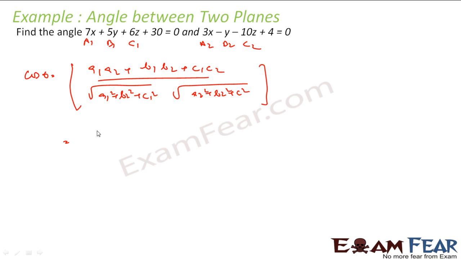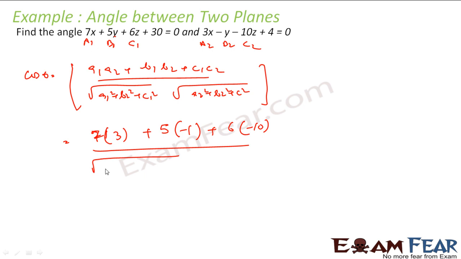So A1 A2 is what? A1 A2 is 7 into 3, 21. And B1 B2 is what? Let me write here: 7 into 3 plus B1 is 5, B2 is minus 1, C1 is 6, C2 is minus 10, by root over A1 square, that is 7 square, B1 square 5 square, C1 square 6 square.